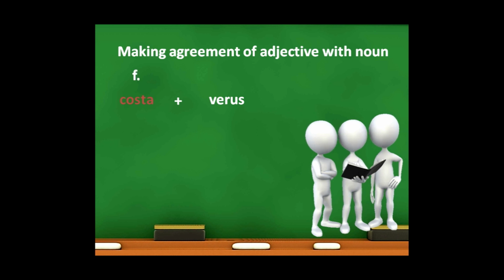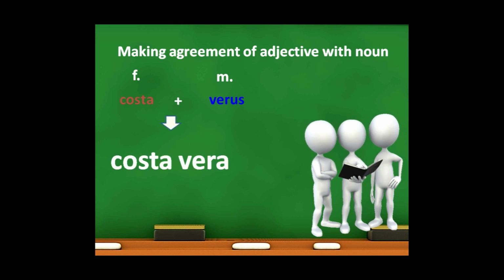Second step, indicate gender of adjective verus, ending us, masculinum. According to the rules of making agreement, we will change gender of adjective according to noun. And our term will be costa vera. Noun femininum, adjective also femininum.